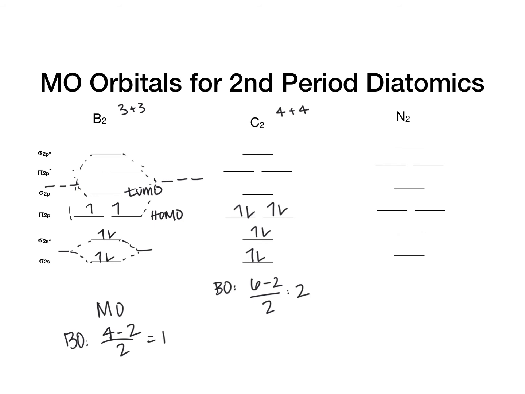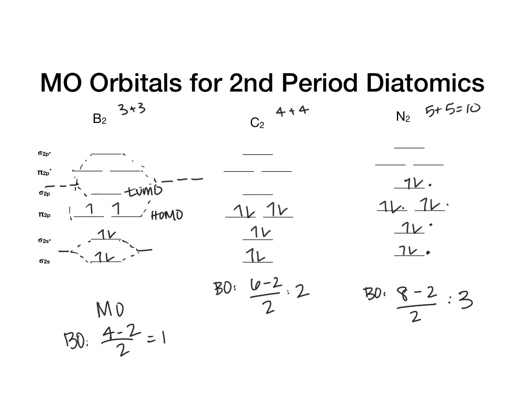Now let's look at nitrogen, where we have 5 plus 5, which gives us 10 valence electrons: 1, 2, 3, 4, 5, 6, 7, 8, 9, 10. Then we can calculate our bond order to be 8, because we have 1, 2, 3, 4 pairs each with 2 in the bonding, minus our single antibonding pair, which is 2, divided by 2, and that gives us 3.